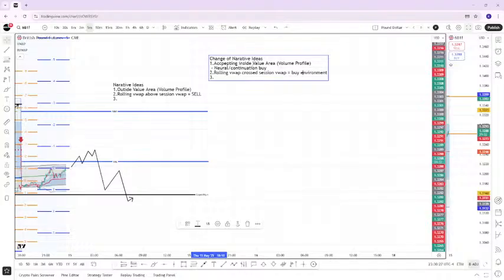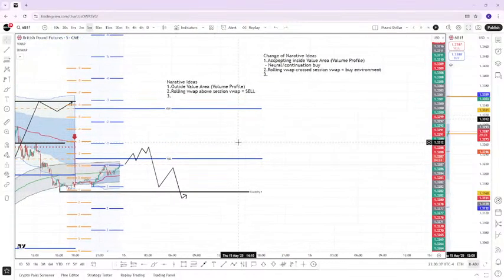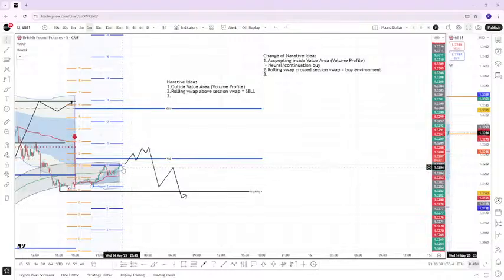And I'm also going to be looking for continuation day. So it's buy above day open. So the only thing we're looking at now or waiting for is day open.